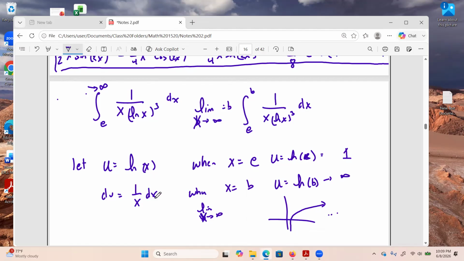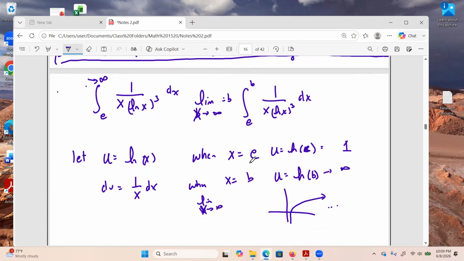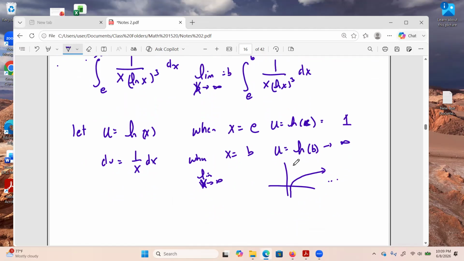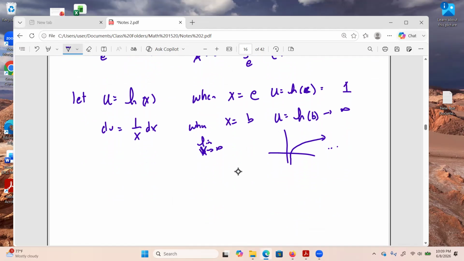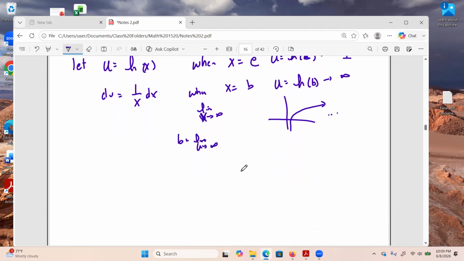So as x goes off to infinity, u also goes off to infinity. So b will be the limit as u goes off to infinity. Here we go: we have the integral from 1, because when x was e, u was equal to 1, to b, and these are now u limits, as b goes off to infinity.